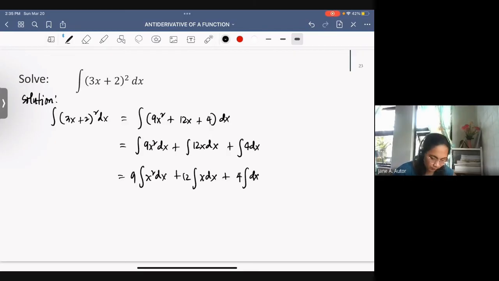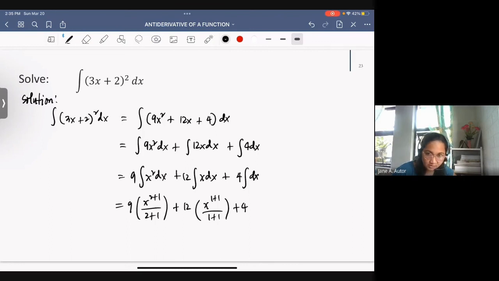Okay? So, by the power rule naman, we will have 9 times the quantity x raised to 2 plus 1 divided by 2 plus 1 plus 12 times x raised to 1 plus 1 divided by 1 plus 1 plus 4 times the integral of dx is equal to 4x.